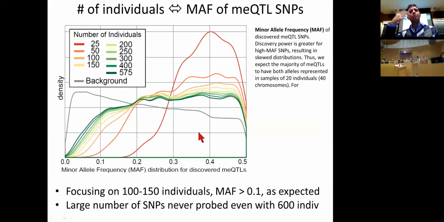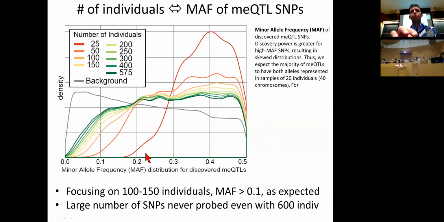All right. So remember how we talked about earlier, if I have 20 individuals, I might not even detect that SNP. So we ask, what is the minor allele frequency of every SNP, and how do I discover it with different numbers of individuals? What you can see here is that as I sample fewer and fewer individuals, I'm skewing the distribution dramatically towards high frequency SNPs, because otherwise I wouldn't even see them with 25 individuals.